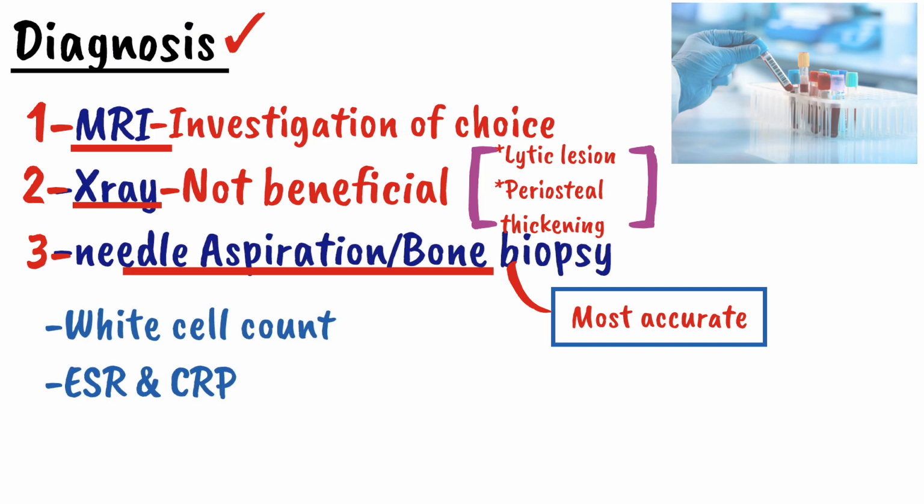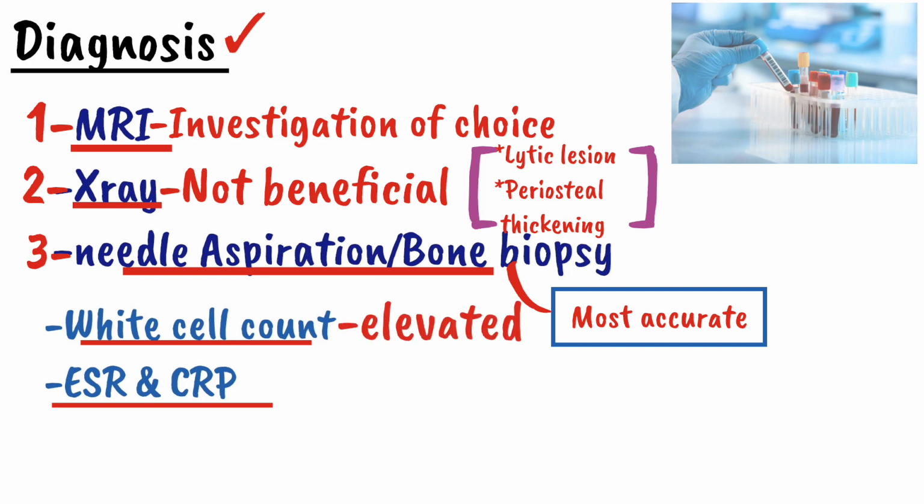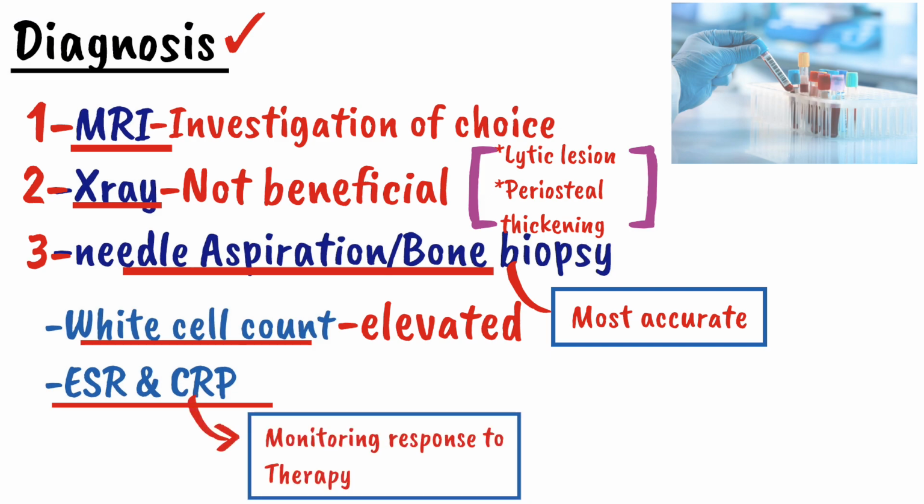Apart from MRI, which is the best and the initial diagnostic test, and the needle aspiration and bone biopsy, which is the most accurate diagnostic test for osteomyelitis, we can also perform the white cell count, ESR, and CRP. The white cell count will usually be elevated, but it is not very helpful in diagnosis. Apart from that, the ESR and CRP are usually used for monitoring the response to therapy.